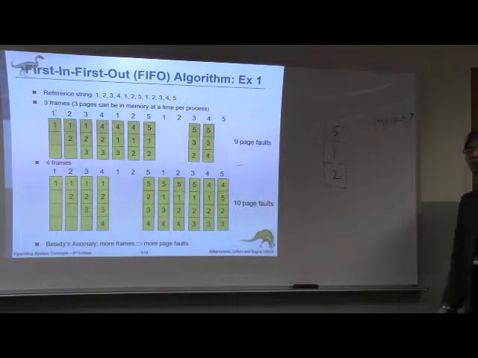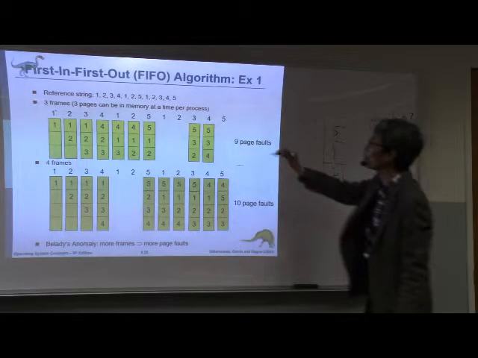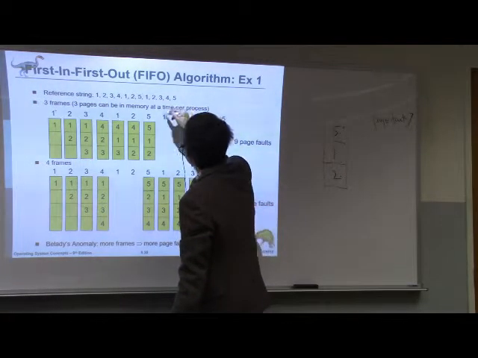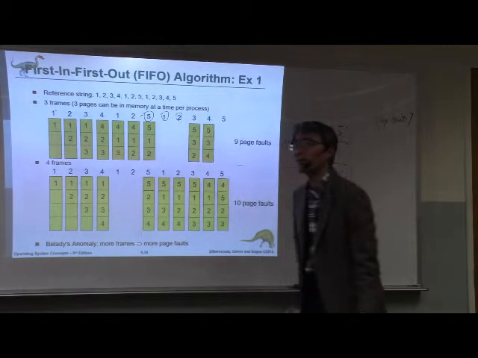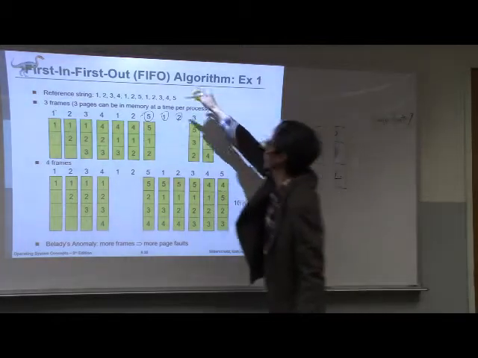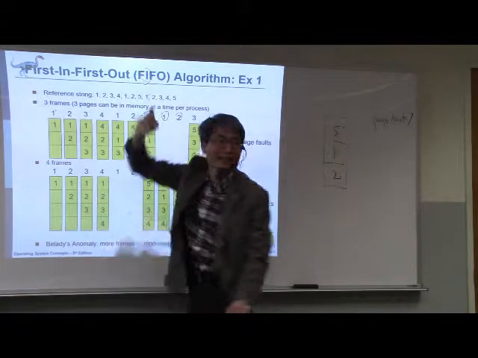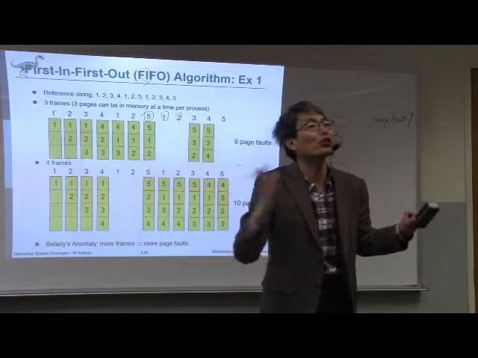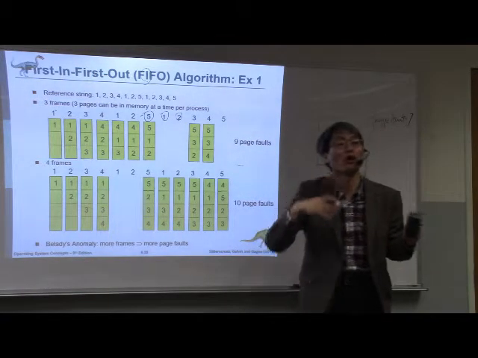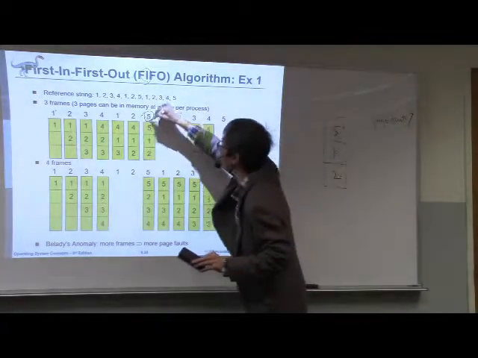So which one should be replaced? Take a look back. Which one is the oldest among 5, 1, 2? 5 is the oldest one. Our rule is first in. It doesn't matter whether it's used or not, accessed or not. Just the first-in arrival time is our criterion.